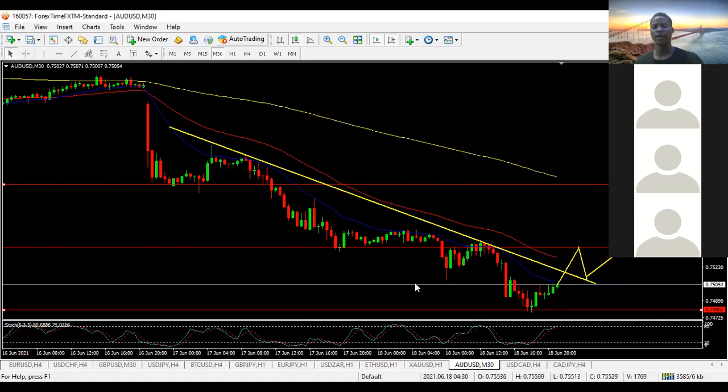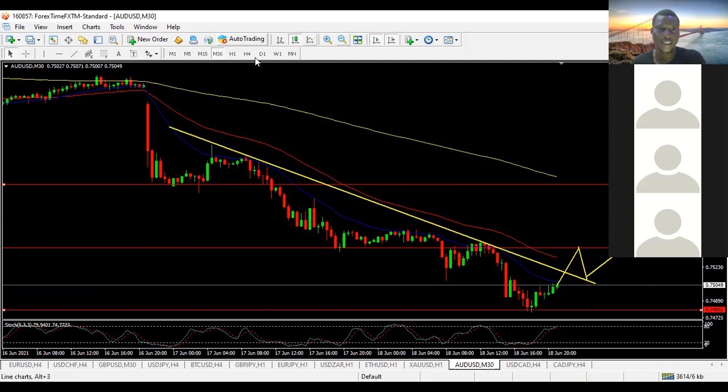Let me do this. You're going to get 1.116. Then you divide that by 10 again, so you're going to get 0.11. That will be your lot size.